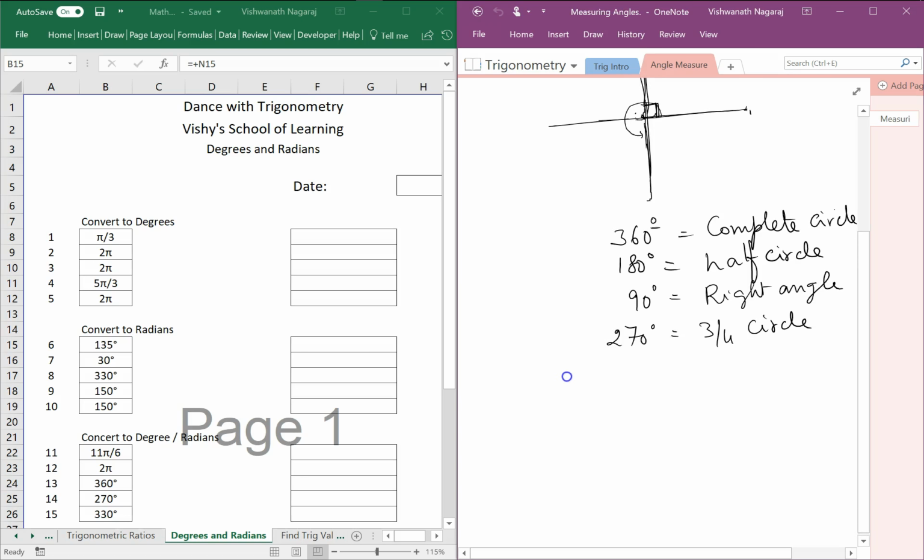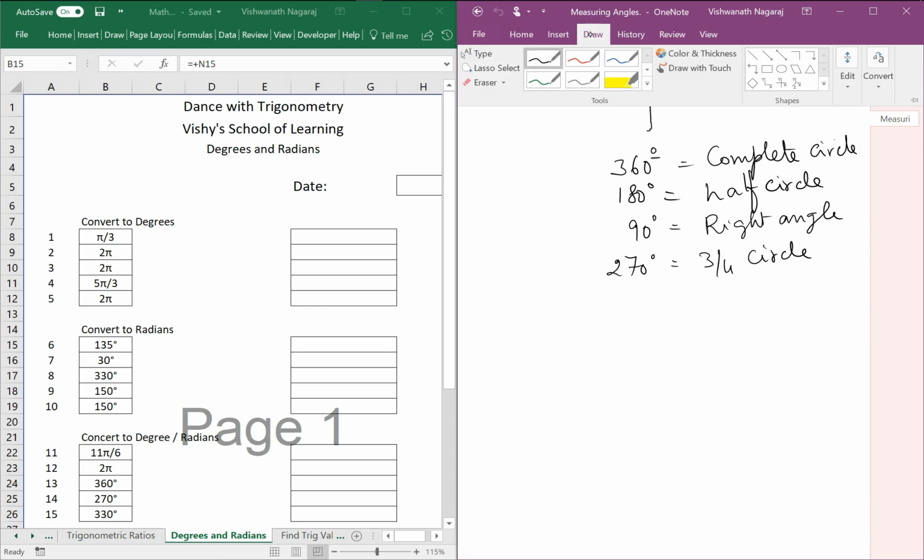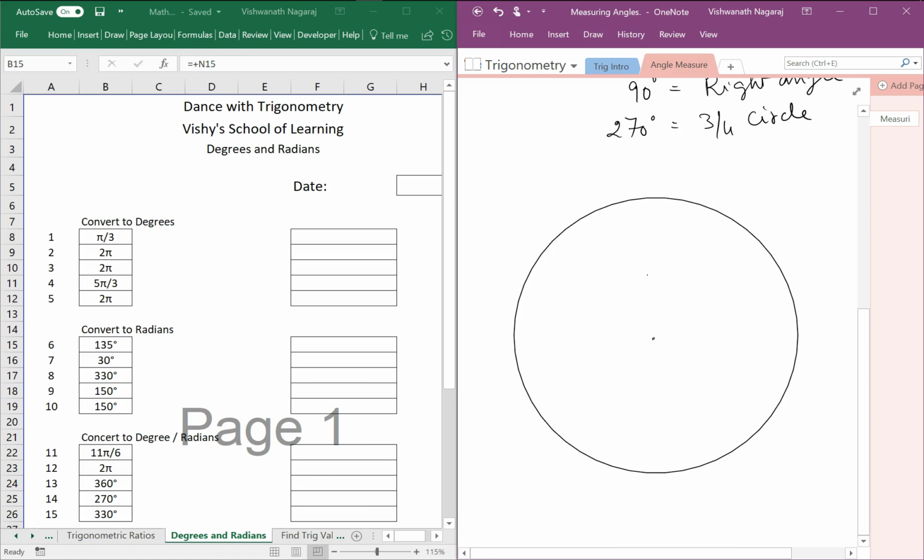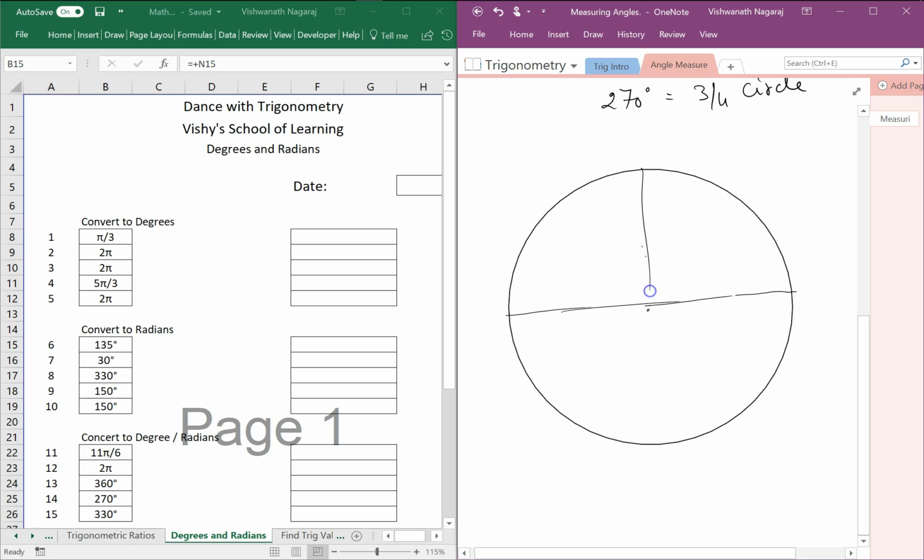Okay, now let me draw a circle. So we have this circle. Let's say this is 0 degree to begin with. This would be 90 degree, this would be 180 degree, this would be 270 degree, right? Now let's divide this again. So now how much would this be?